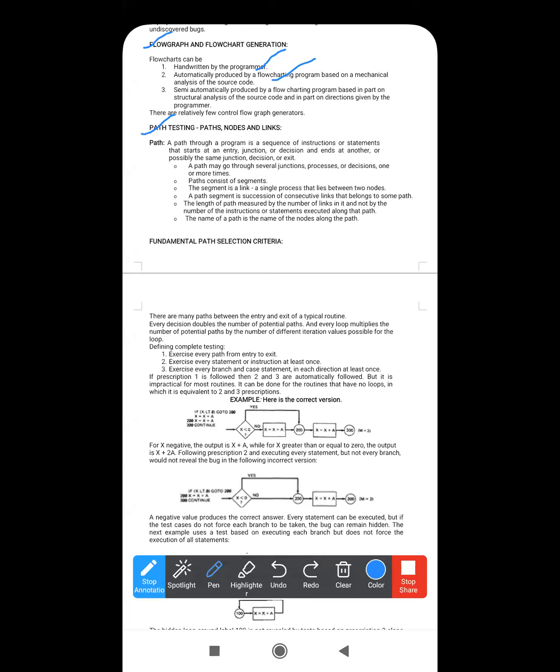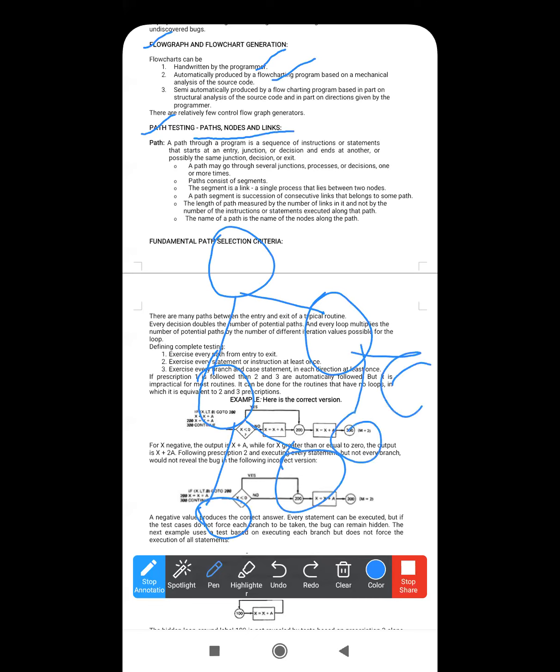Next one is path testing: paths, nodes, and links. You know the terms path, nodes, and links, isn't it? What is a node? If it is a graph or a tree, we have a number of nodes in it.